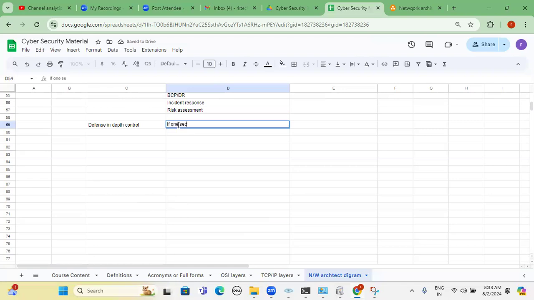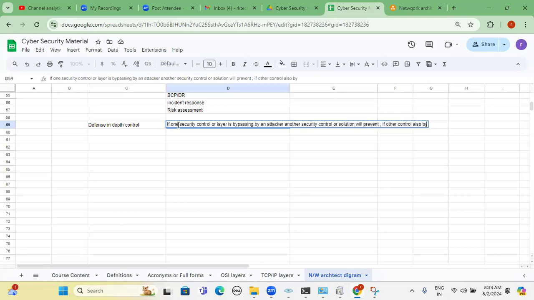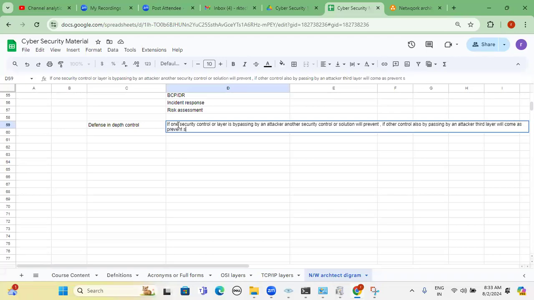If one security control or layer is bypassed by an attacker, another security control or solution will prevent it. If that other security control is also bypassed by an attacker, a third layer will come as a preventive solution.